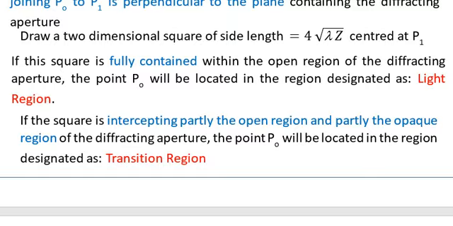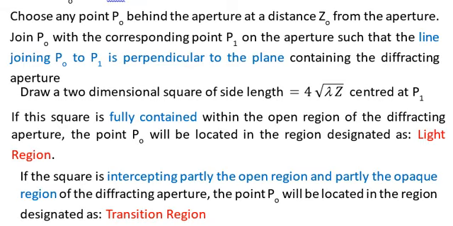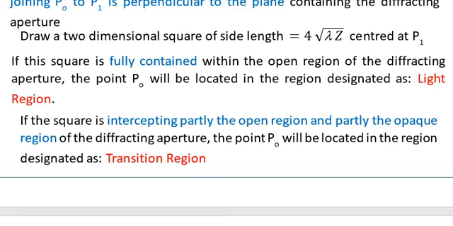And what is the center of this square? It is located at the point P1. So we are drawing a square with side length 4 times the square root of lambda z, centered at P1.